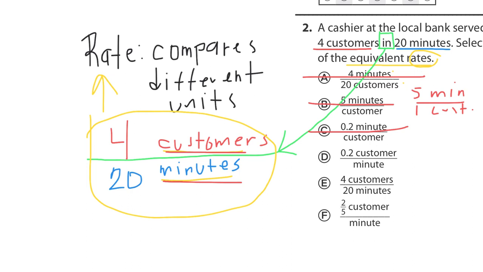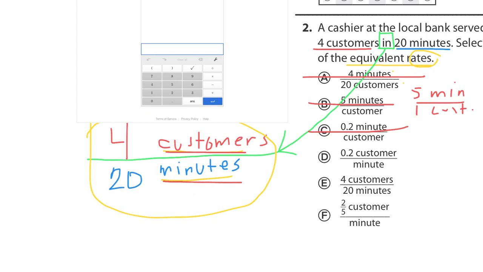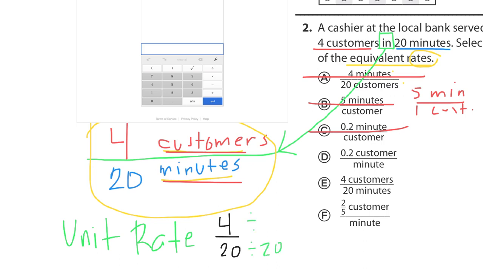Let me bring out the calculator for this one. Okay, let's remember that for unit rate, we need to divide the numerator by the denominator. So if I have 4 over 20, I need to divide the bottom by 20 and the top by 20 so that I get 1 in the denominator, 1 minute.